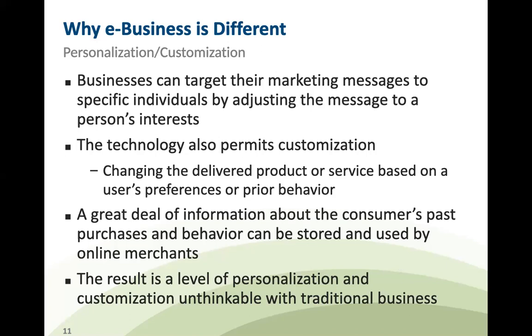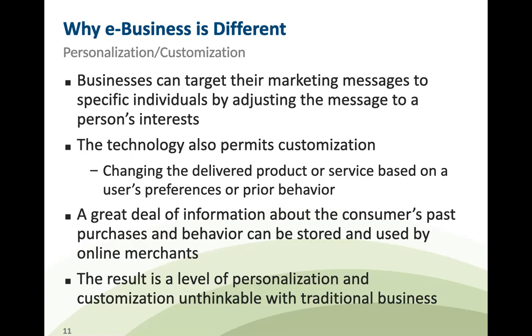For example, if you purchase a mobile phone, then they will notify you about maybe headsets, so complementary products, right? And then the result is a level of personalization and customization unthinkable with traditional business.